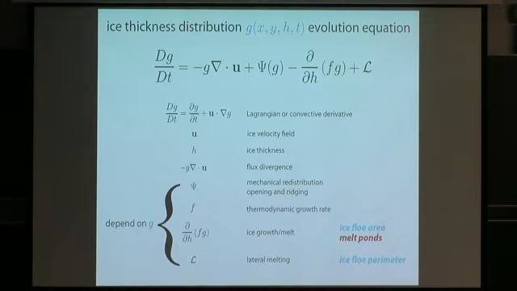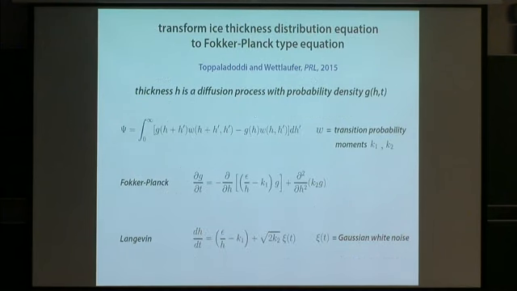But anyway, this is the ice thickness distribution evolution equation with all the different pieces, the velocity field, the thickness h, and so on. And this is what is solved in these big climate models, at least in the sea ice components. There was a very interesting development by somebody who's probably well known here in Cambridge, John Wettlaufer, and I think one of his PhD students.